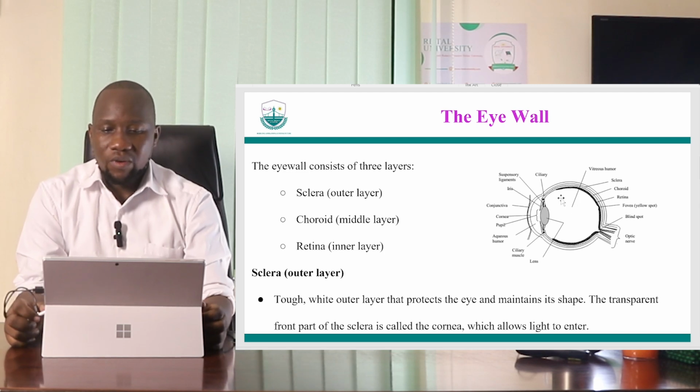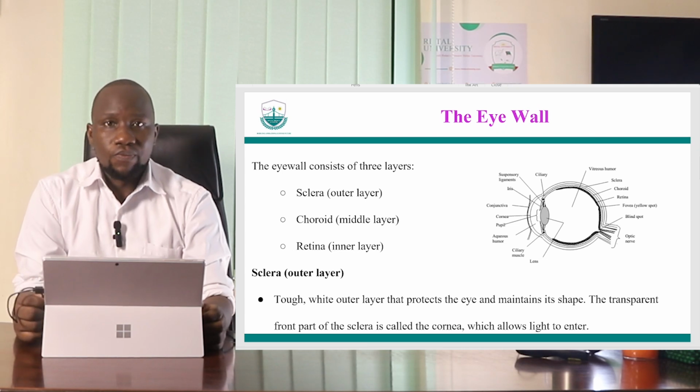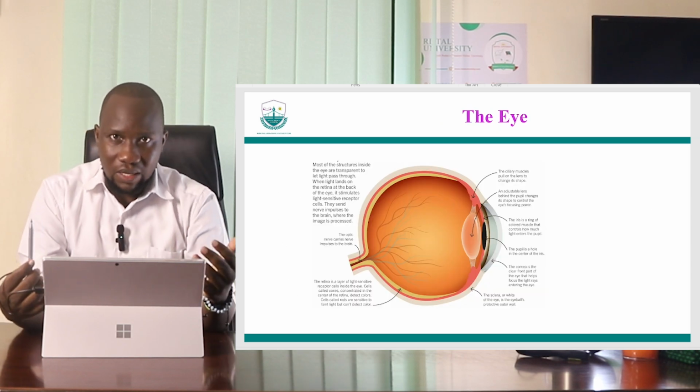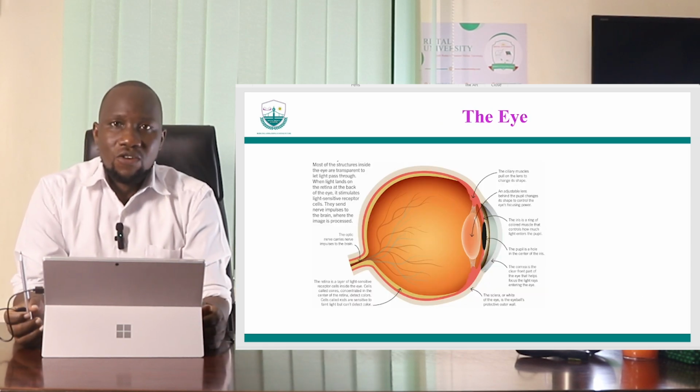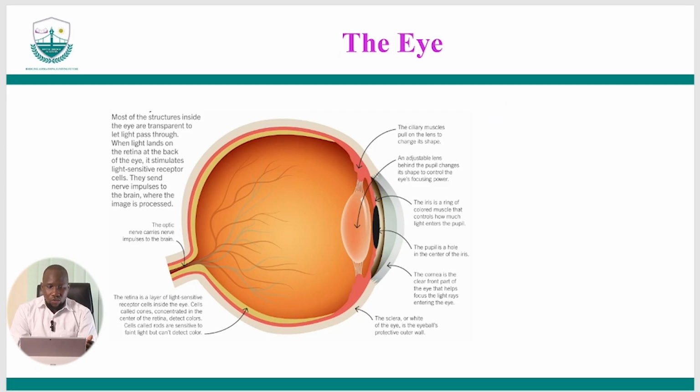So if you're drawing, perhaps you draw this image in your books. However, this one also gives us a clear understanding of the structures of the eye. So let's go through the structures here.